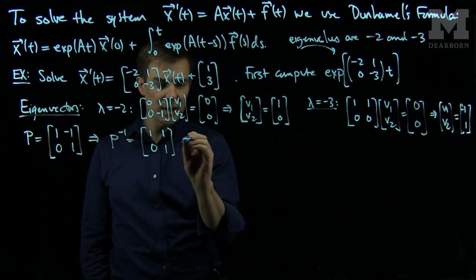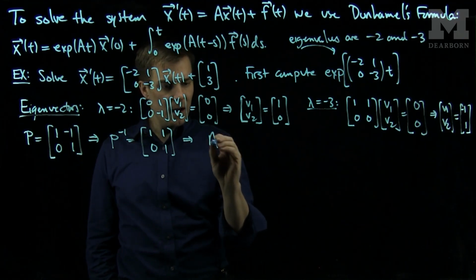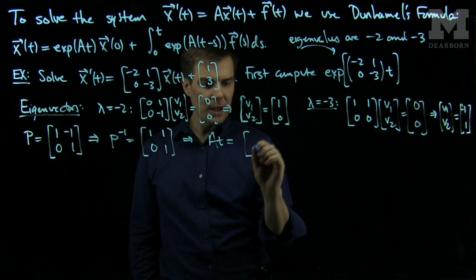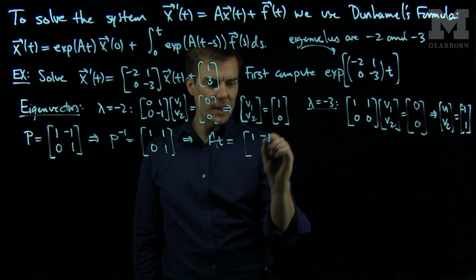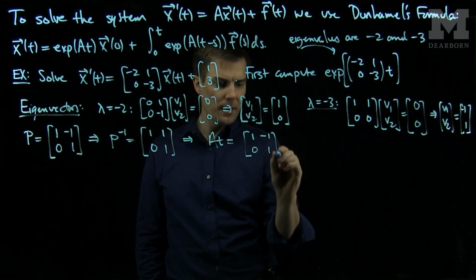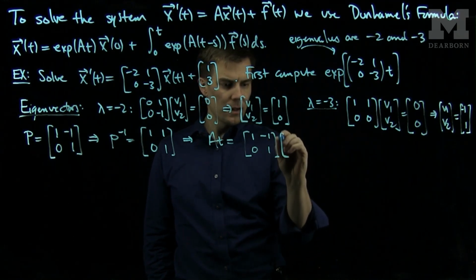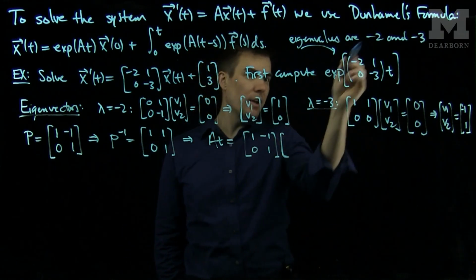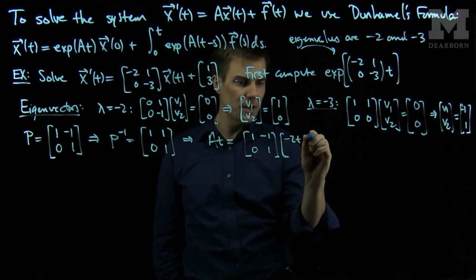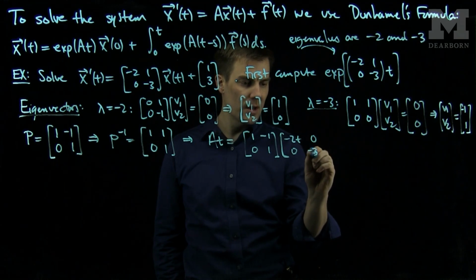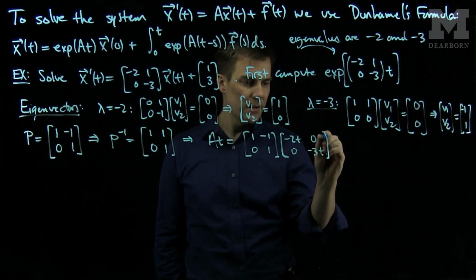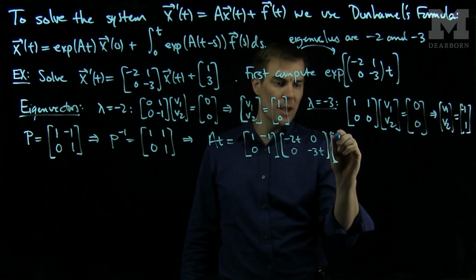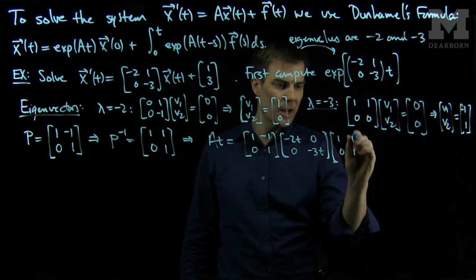From this, we see that our matrix A times t will be P, which is 1, negative 1, 0, 1, times the diagonal matrix of the eigenvalues, so negative 2t, 0, 0, negative 3t, times the matrix P inverse. The matrix P inverse will be 1, 1, 0, 1.